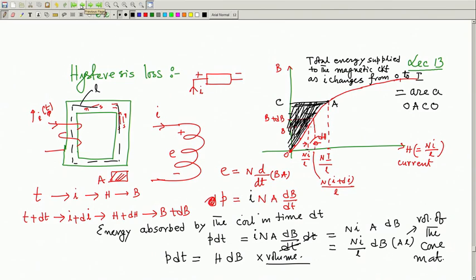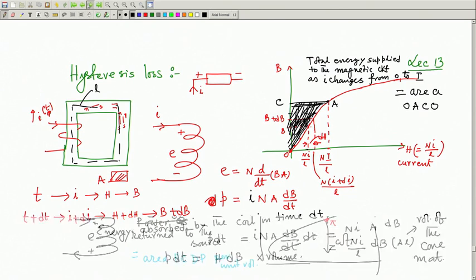While discussing hysteresis loss, first I supposed there is a single coil where at any time t, current is I, corresponding H is H and B is B, and you are increasing the current from 0 to some fixed value I. In time dt, if current increases to I plus dI, H plus dH, we showed that energy is absorbed by the coil when current or H is increasing, and the area under the BH curve, H dB, is the energy supplied.